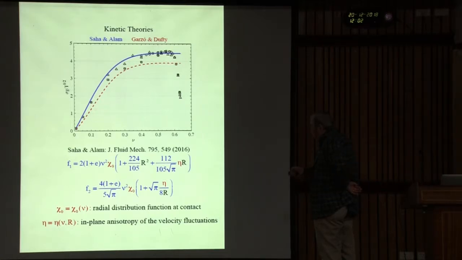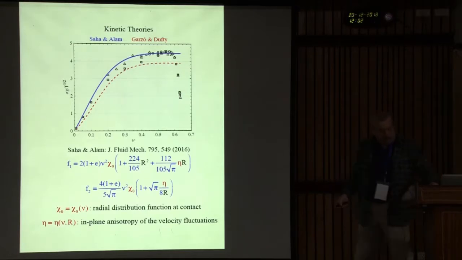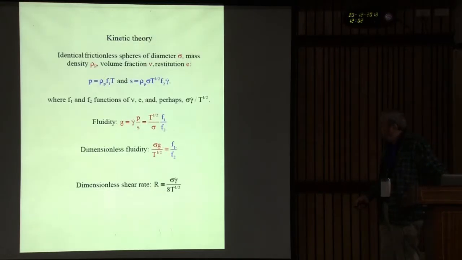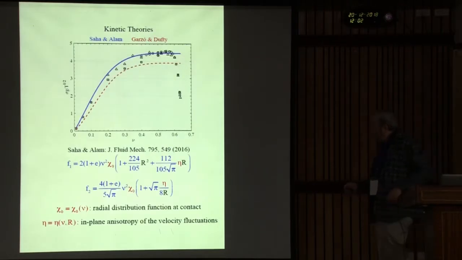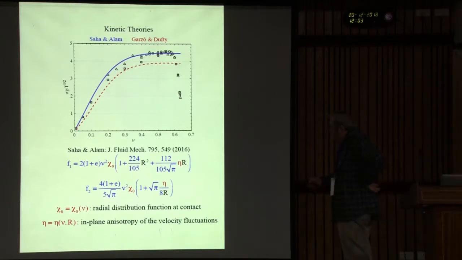Okay, and here, in terms of the Saha and Alam theory, are these functions that appeared in the structure for the pressure and shear stress. And I first should say, so here is the radial distribution function of contacting spheres, and that has a singularity at 60% random close pack for frictionless spheres.